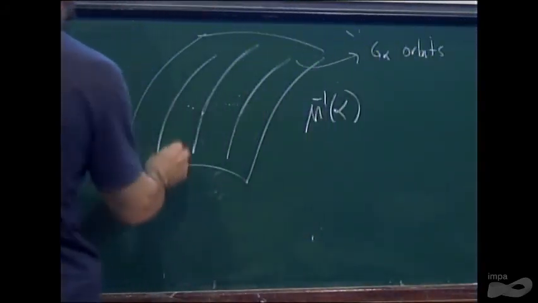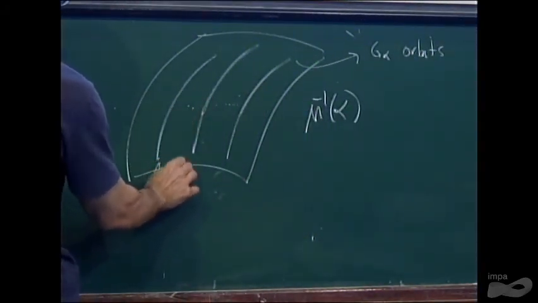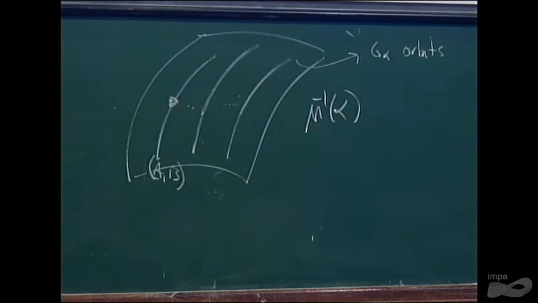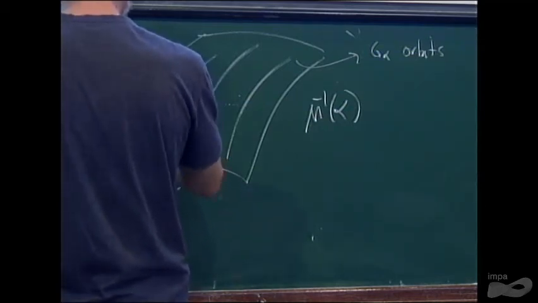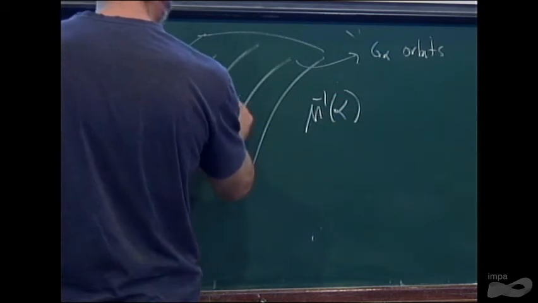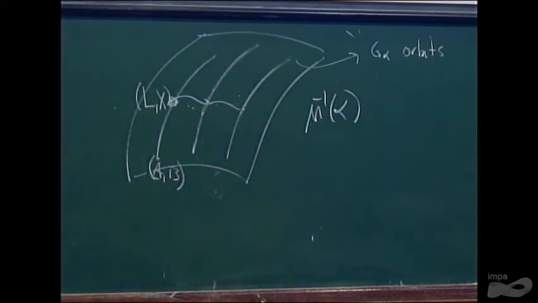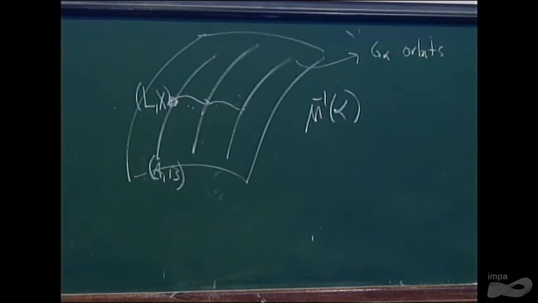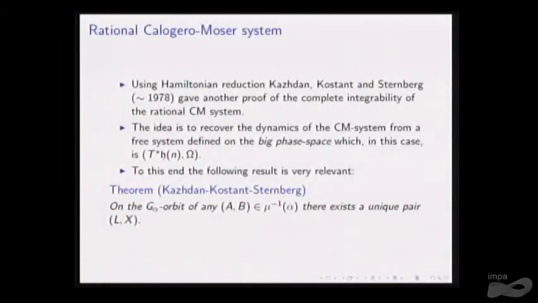So what they show is that in each orbit here, so if here you have the pair A and B, in each orbit, you take any element in the pre-image of the momentum map to the minus 1 of alpha. In each orbit of this element, you can find exactly a unique element of type (L, X), where L is the matrix written by Moser, and X is the diagonal matrix.